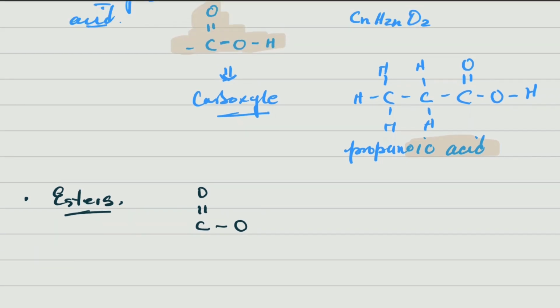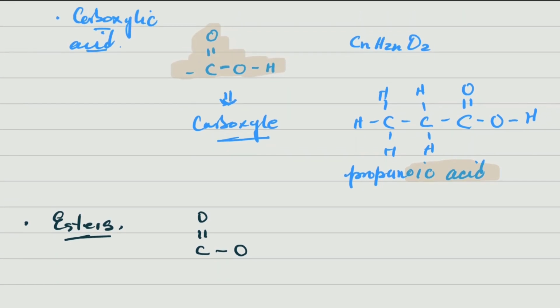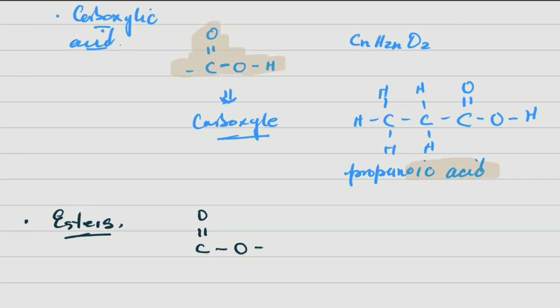Look here, like the carboxylic acid. But this one here cannot be bonded to hydrogen, because if it is bonded to hydrogen, then it's another carboxylic acid. So this one must be another carbon, guys. This one here is the functional group for the esters. As I said, we're going to have later on a video just for esters, because esters could be very tricky. And the general formula will be the same as the carboxylic acid.